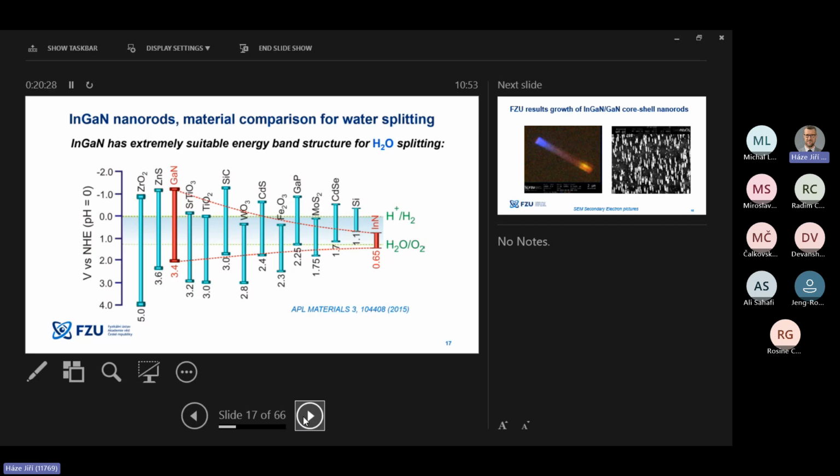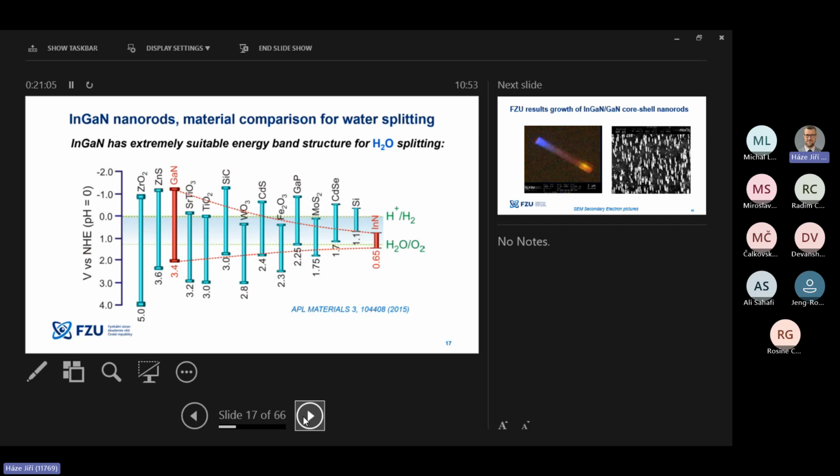It means that if InGaN is absorbing the sunlight, it has an available electron and hole, which can enter the reaction and give an electron to the water to make H3O+ and then develop hydrogen, and to reduce oxygen from the water.